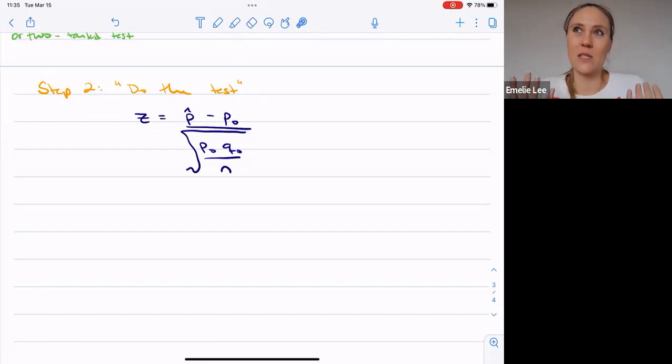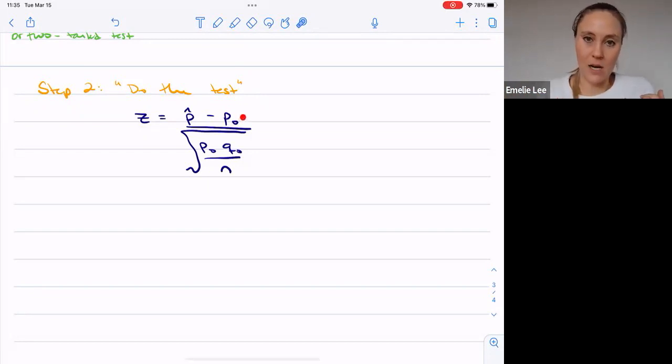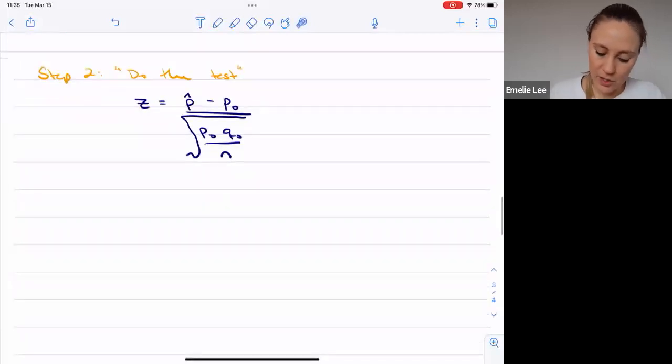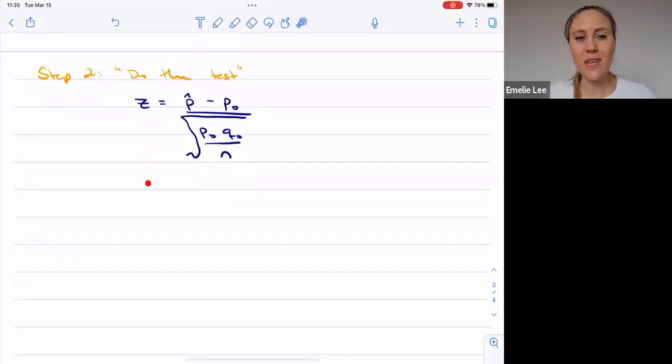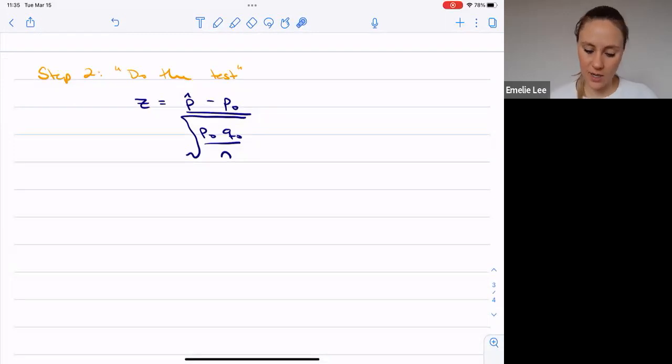How can I give a probability to how far away my sample proportion is from my hypothesized value? Just as a side note, Z is typically given to 2 decimal places if you're using the tables that I've posted. If you're using software, then it doesn't matter. And I think your assignments and your quizzes can handle both.